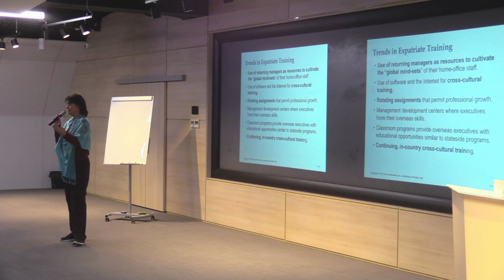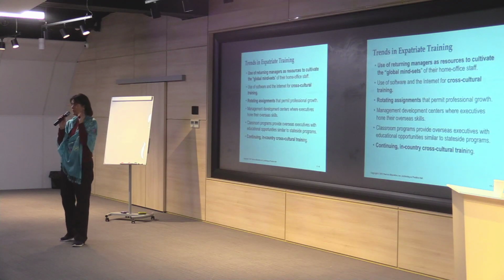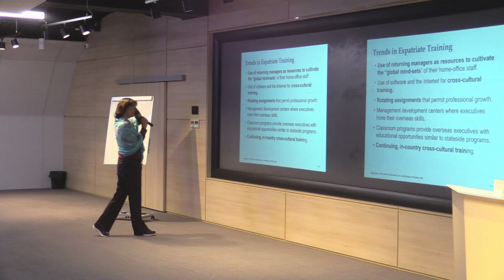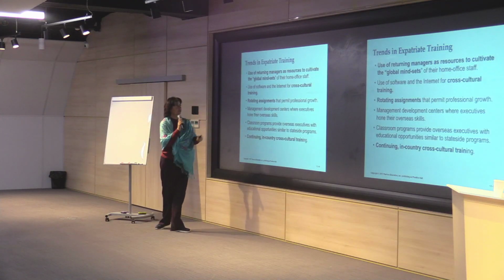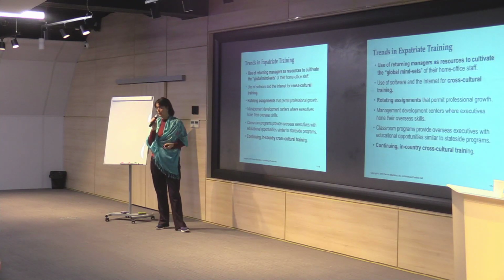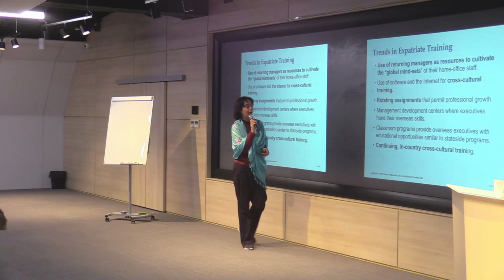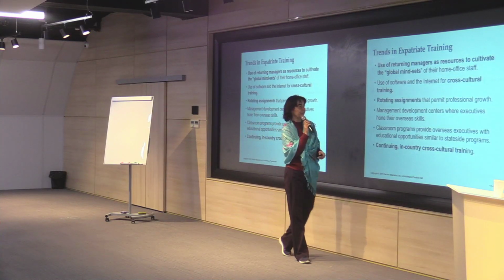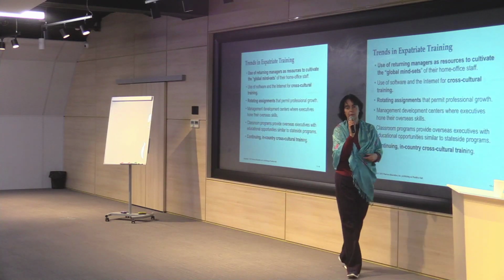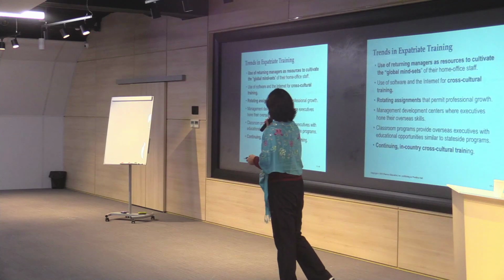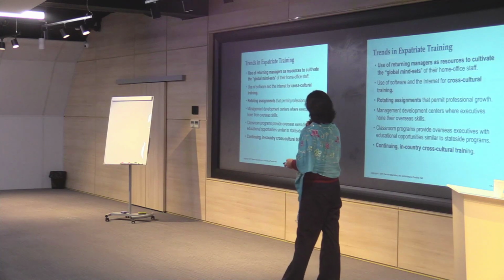That's the best way they can firsthand realize, this is how it looks, and so you can train and mentor them. What also works very well is definitely cross-cultural training: what you do and what you don't do in that country. And rotating assignments, when you send people to different positions around the world as well.